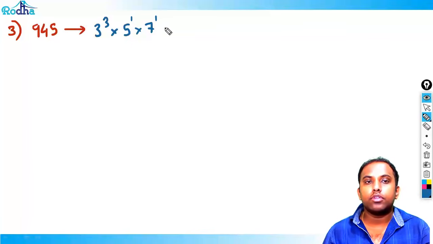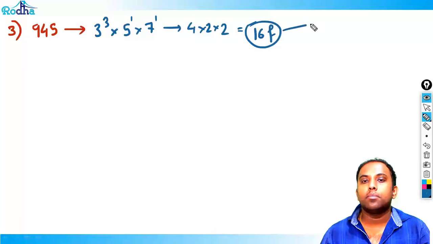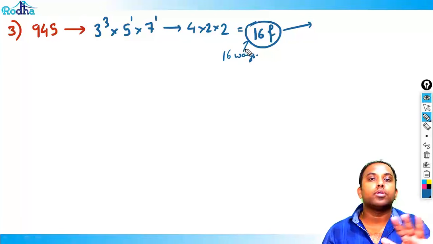So how many factors for this number? 4 into 2 into 2, total 16 factors, right? 16 factors means 16 ways of writing it as a product of two numbers, right?